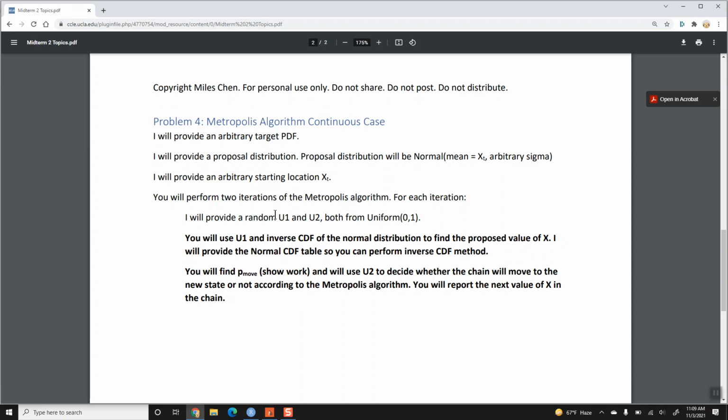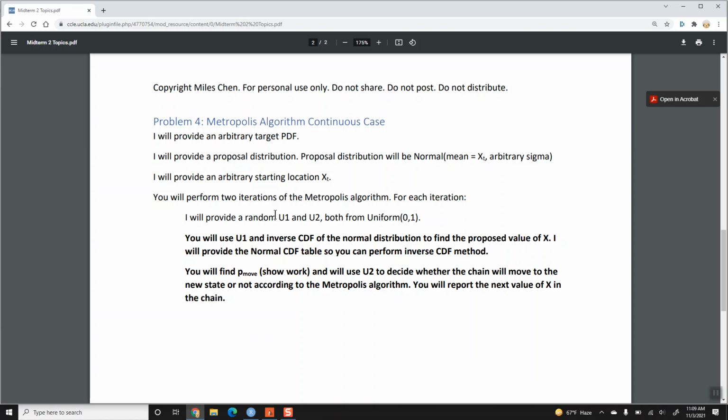And if your U1 is, say, 0.975, if the random uniform value is 0.975, then the proposed location will be x at time t plus 1.96.